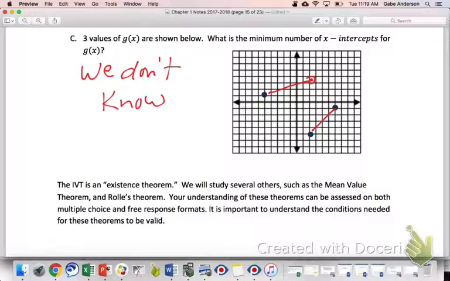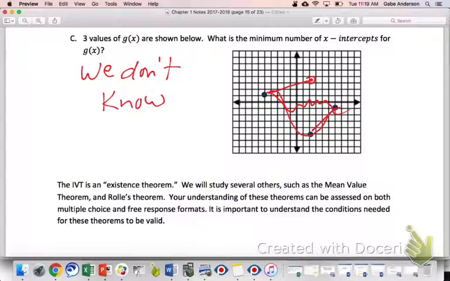I could draw it like that, and so 0 could be the number of x-intercepts. But we simply don't know if it's a situation like that, or if it's a nice continuous graph. 1 or 0 would be the two logical answers, but I think we have to go with either 0 or I don't know because of the lack of information about continuity.